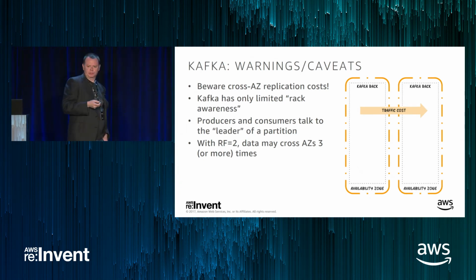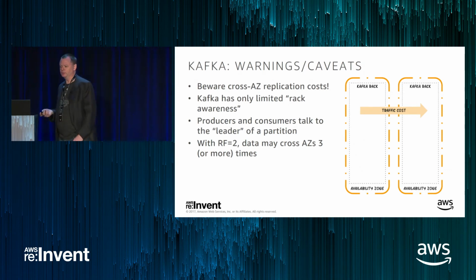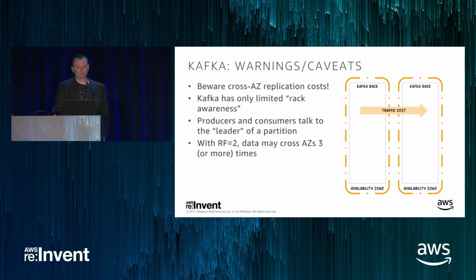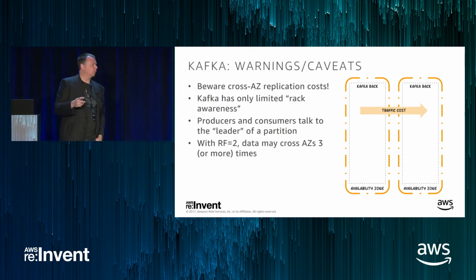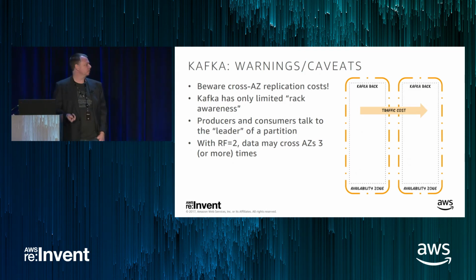But producers and consumers only talk to the leader of the partition, wherever that is. The upshot of this is with replication factor 2, so you have your primary copy of your data and then one backup, your data could cross AZs 3 or more times, 3 times just with a single consumer or a single producer.